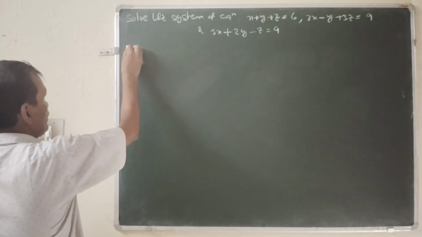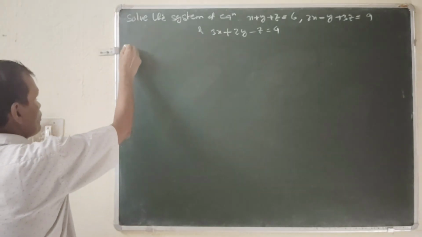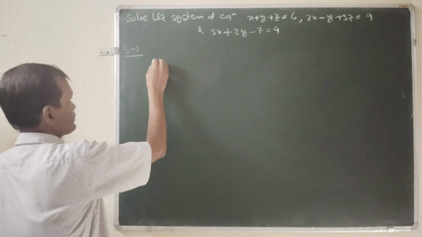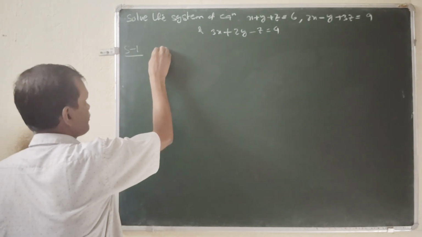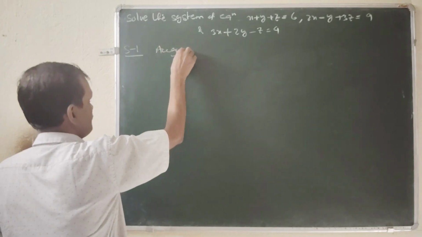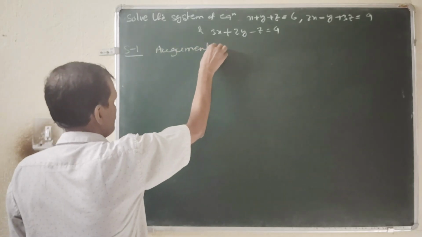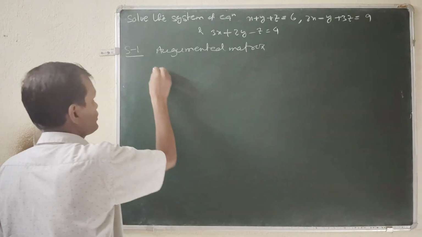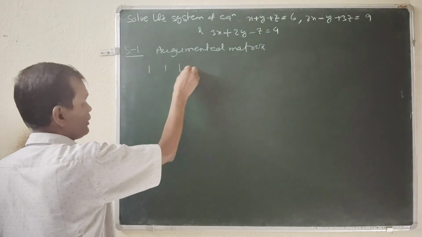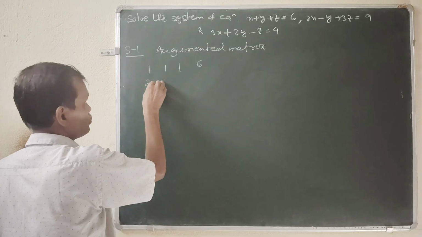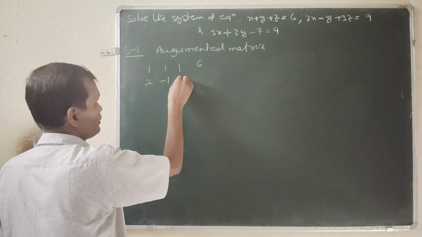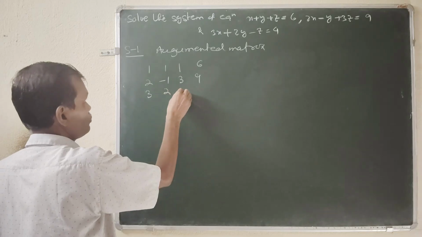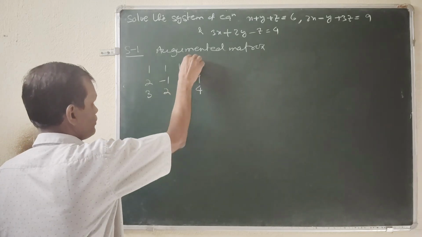So step 1. As per our rule, we write the augmented matrix. The augmented matrix is: 1 1 1 6, 2 minus 1 3 9, 3 2 minus 1 4.